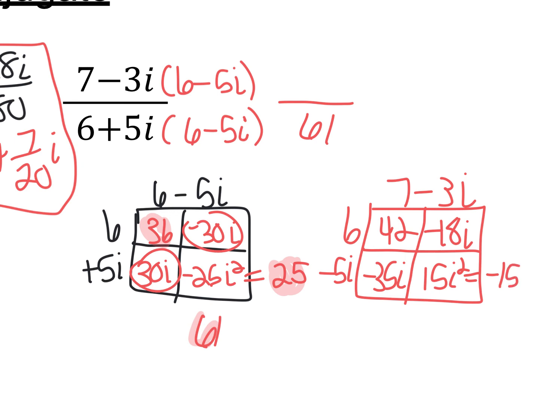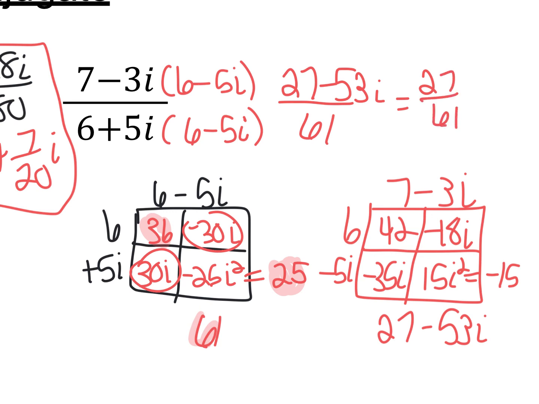If we put together our 42 and 15, we get 27. And then negative 35 and negative 18 is negative 53i. So our numerator is going to be 27 minus 53i. When we break that apart, we get 27 over 61 minus 53 over 61i.